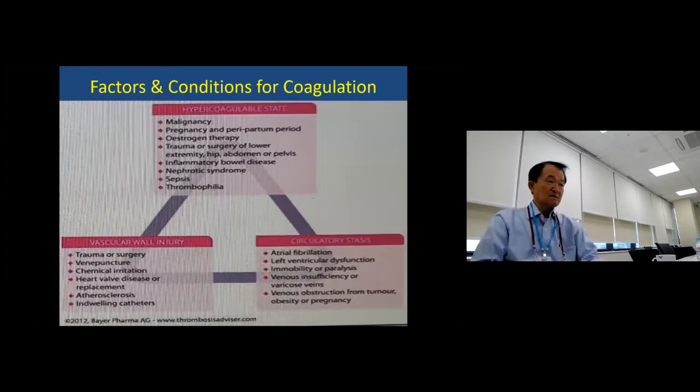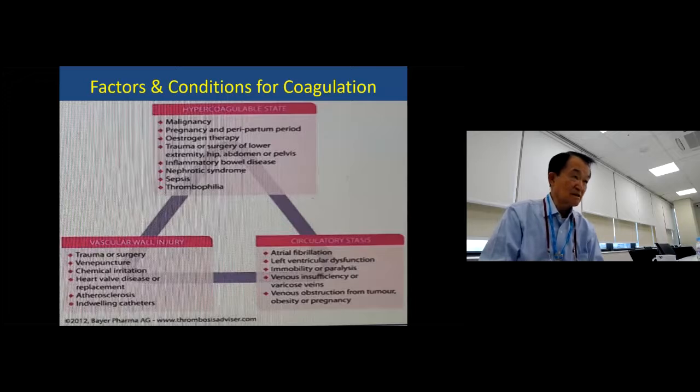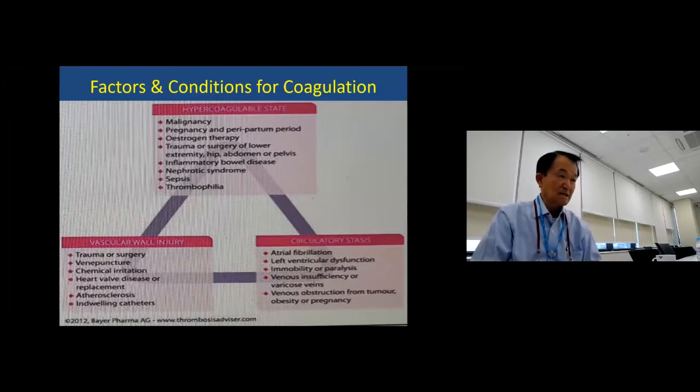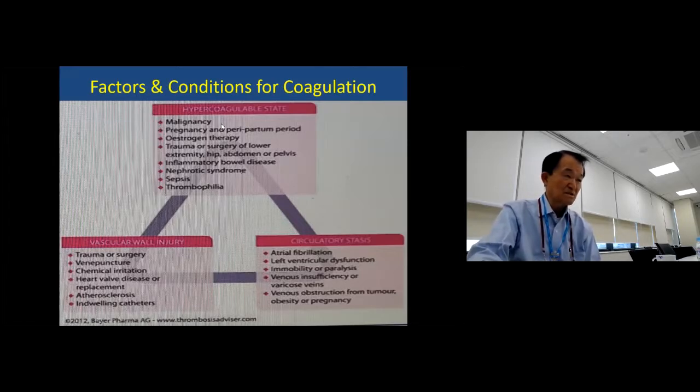So what factors or conditions influence coagulation? Hypercoagulation has been associated with malignancy because cancer patients don't usually move much.